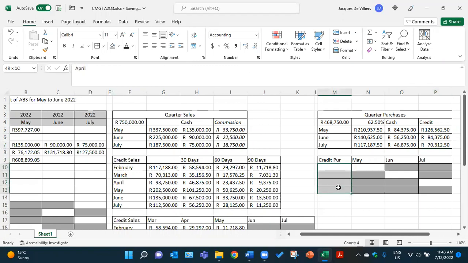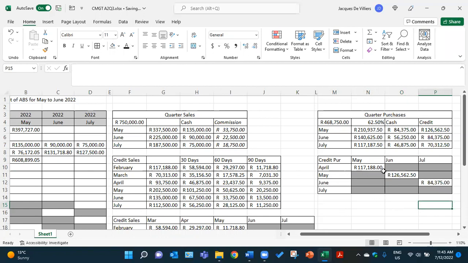What do we further know about the period? Well, we know that there were still purchases that we had to pay for. In fact, 60% of the purchases that we made in April, we have to pay for in May. We have to pay all our May purchases in June and all our June purchases in July.